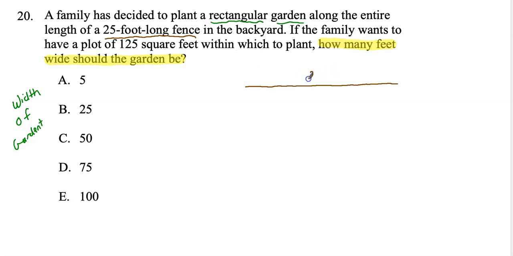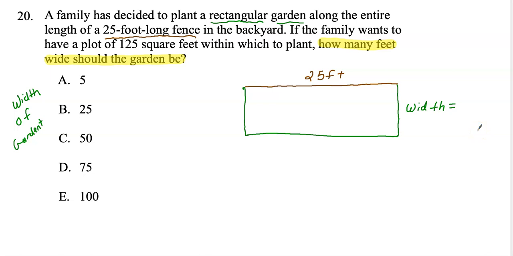I'll label this as 25 feet. This is my fence. And they're going to have a rectangular garden, like so. And your goal is to find the width of the garden, this length right here. You don't know it. This is a question mark.